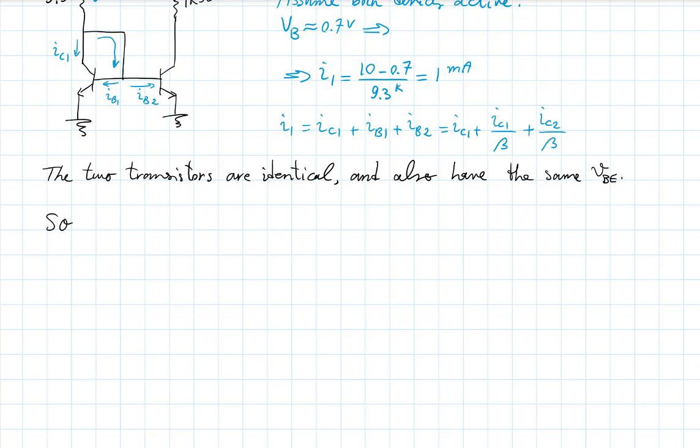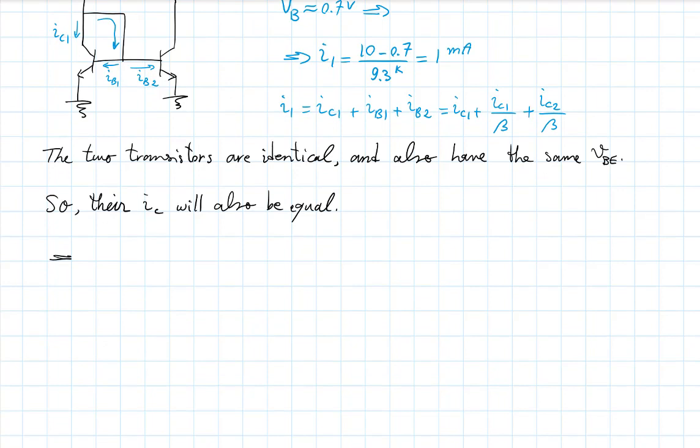So their IC will also be equal. So I can then write I1 is IC1 plus IC1 over beta plus IC1 over beta.